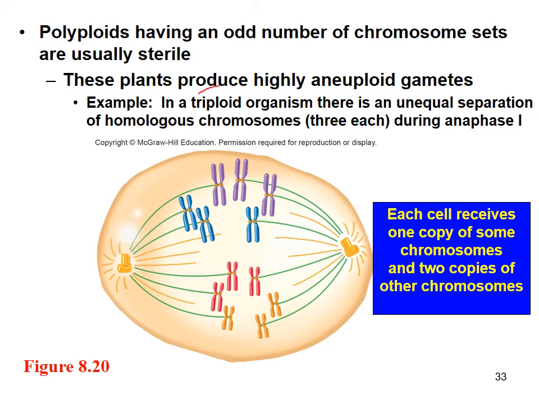So here you have a triploid organism. There is an unequal separation, which means that what we're having here is an issue of high sterility. This usually means that the plant is not able to reproduce at any rate or at a very low rate. So in many cases, it can cause sterility. There have also been cases where it can cause seedless fruit to be produced because the genes are not able to separate themselves equally.